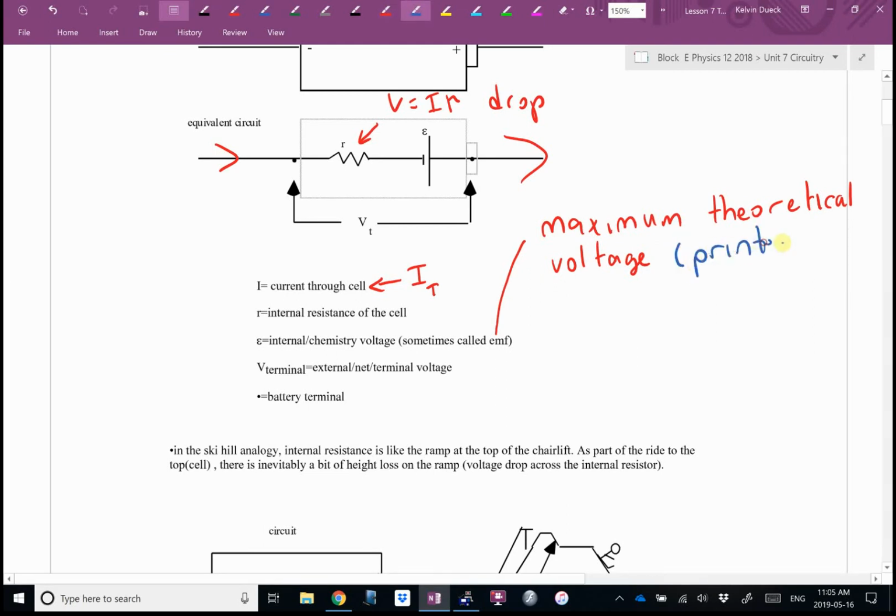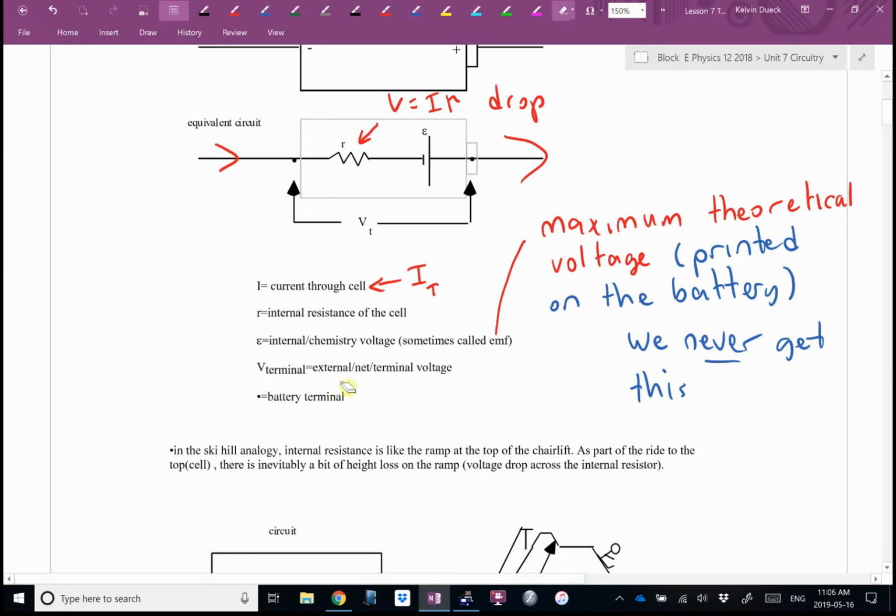It's the one that's printed on the battery. We never get this. We always get less volts because you always lose a little bit going through the battery.